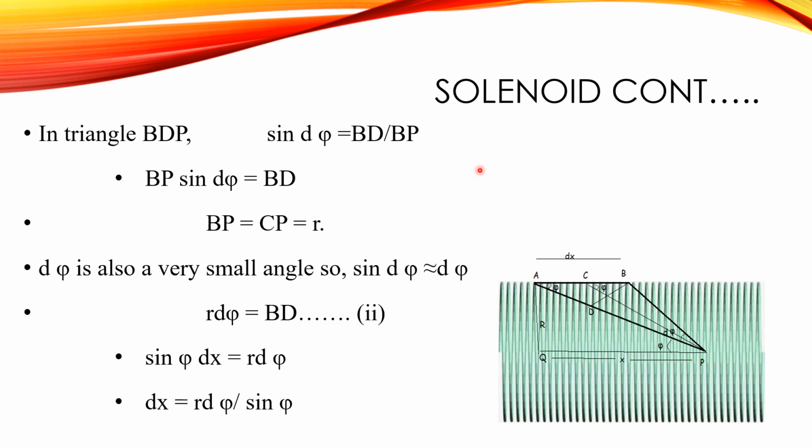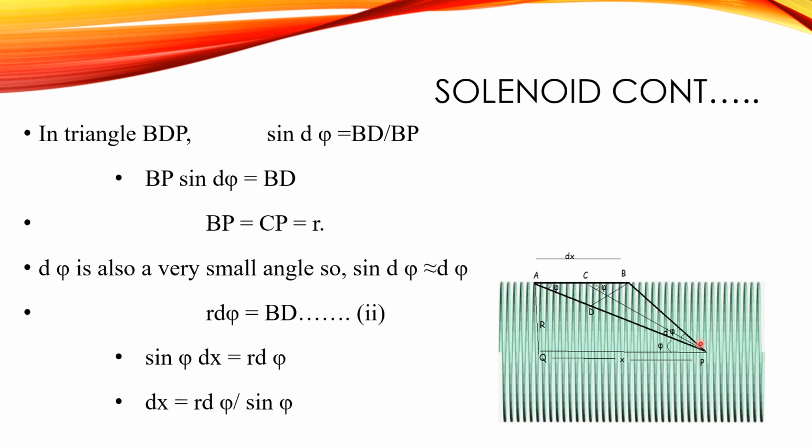Now, if we consider triangle BDP, then sin d phi, this small angle, is again BD by BP. So BP sin d phi is equal to BD, and CP is equal to BP, which is nearly equal to R.